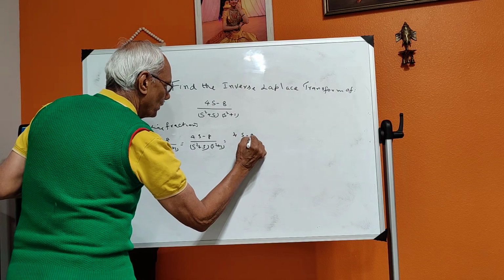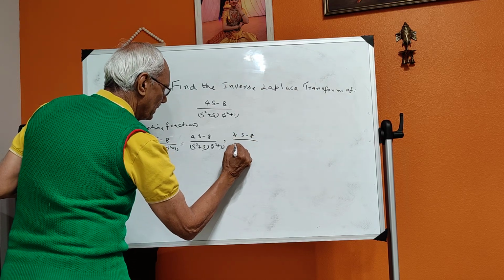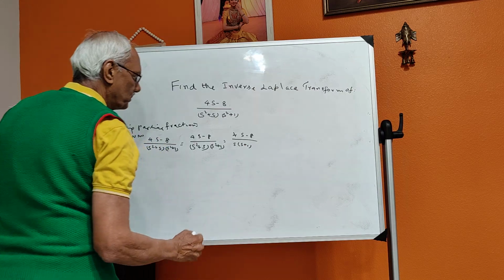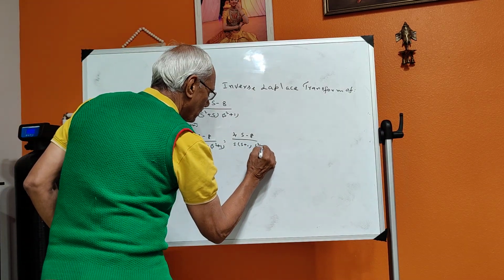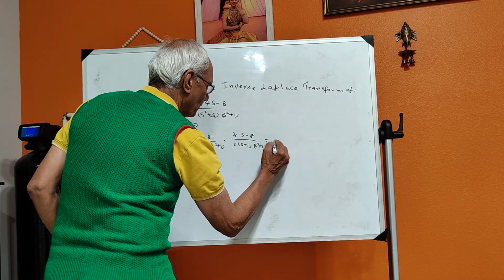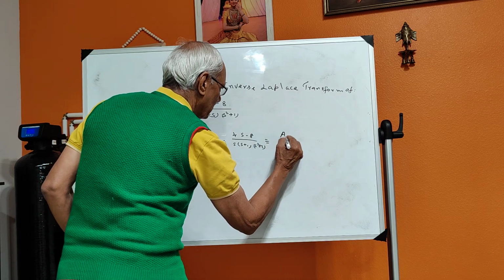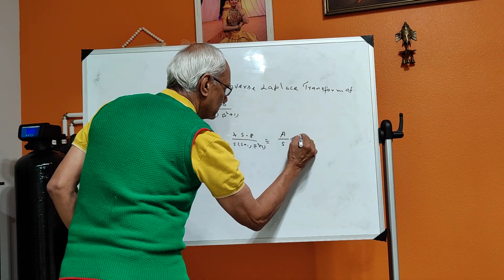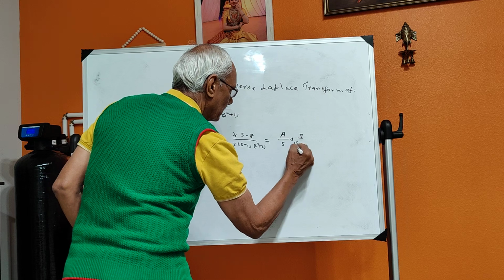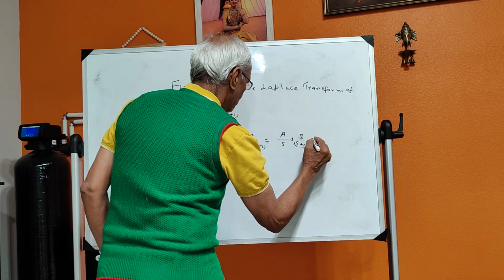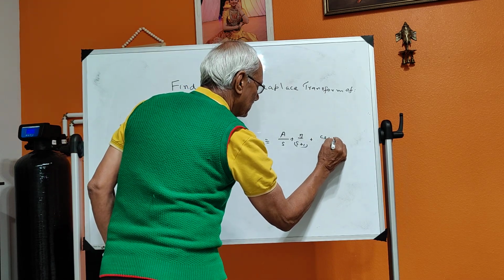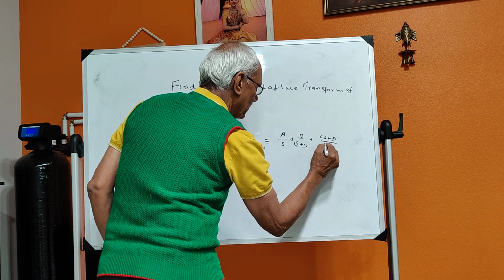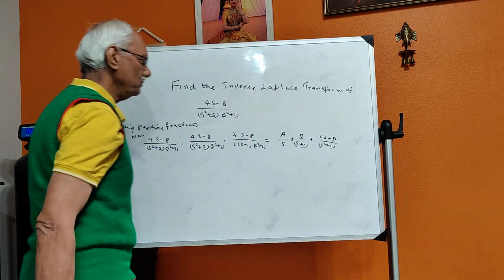(4s minus 8) divided by s into (s plus 1) into (s squared plus 1), which is identically equal to, you can take it as, A by s plus B by (s plus 1) plus (Cs plus D) divided by (s squared plus 1).